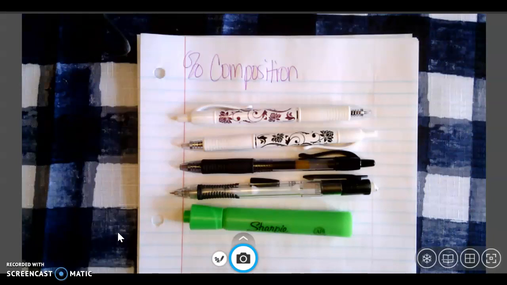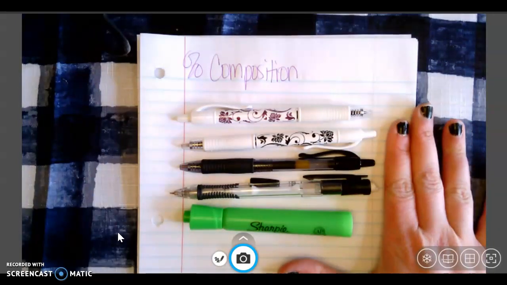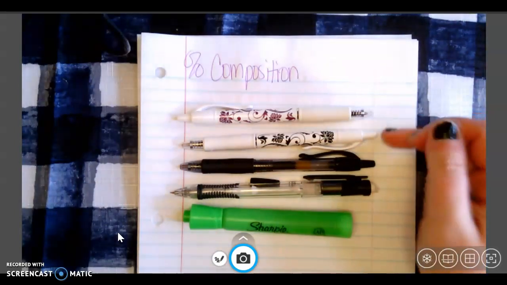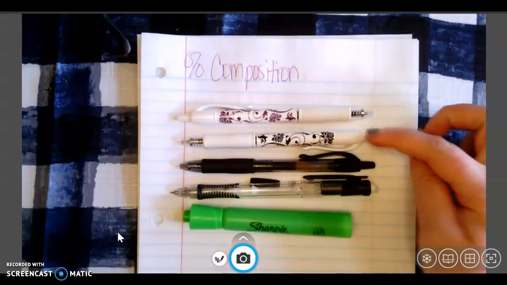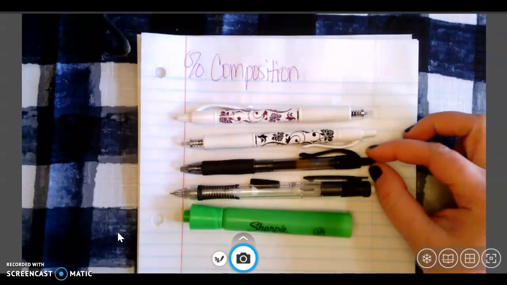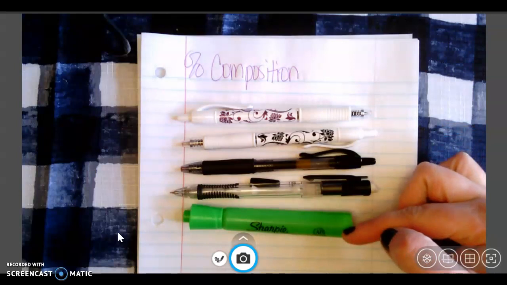So if we wanted to do a real life example, I just dumped out my pen cup onto the table, and I had 5 writing utensils in my pen cup. 3 of those writing utensils were pens, 1 was a pencil, and 1 was a highlighter.